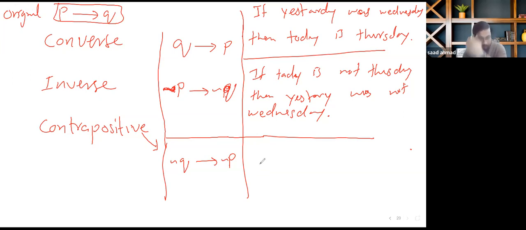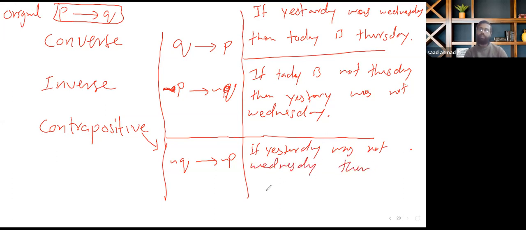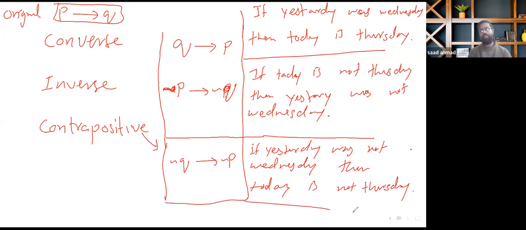So for this one, it will be: if yesterday was not Wednesday, then today is not Thursday. So these are just some basic conditional statements and some of the things in it.